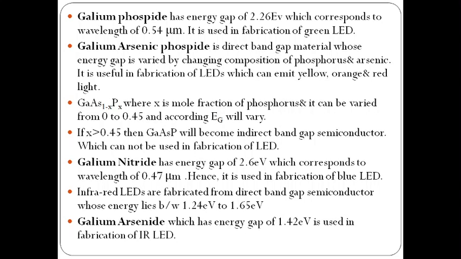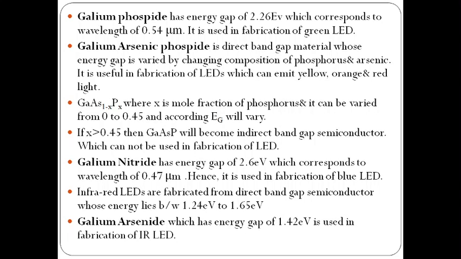Generally, this x value always lies between 0 and 0.45, and the energy gap varies accordingly. When the mole fraction of phosphorus and arsenic varies, the energy gap of the material changes. Based on that energy gap, the PN diode will act as either a yellow LED, orange LED, or red LED.